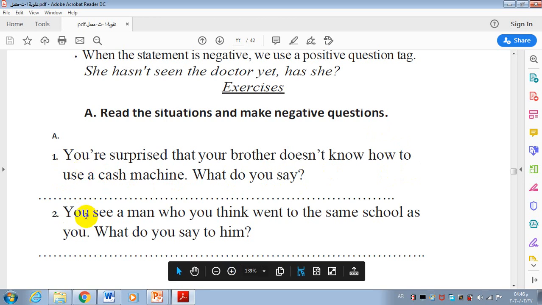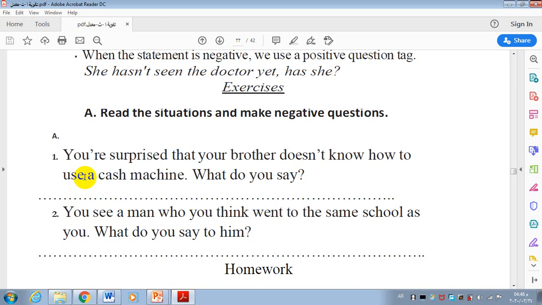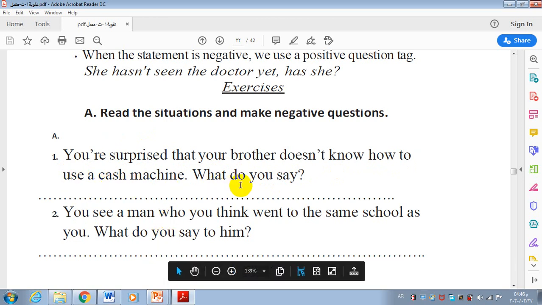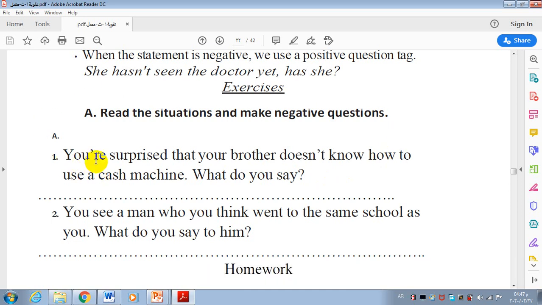There are two situations, and I'd like you to make negative questions for each one. Number one, you're surprised that your brother doesn't know how to use a cash machine. What do you say in this situation? What is the negative question we can use to ask about this situation?